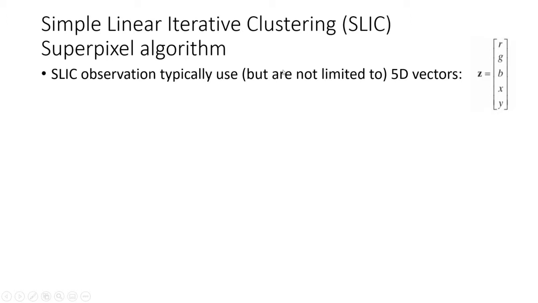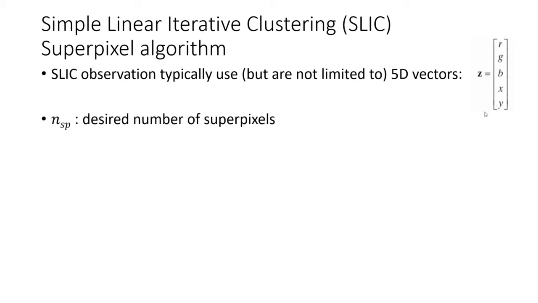SLIC observations typically use 5D vectors. Basically, it's going to run on your RGB image, so you have an R value, G value, B value. These are the intensities of the pixel in the R channel, in the G channel, and in the B channel, and the spatial position of the pixel, right? The XY position of the pixel in the image.